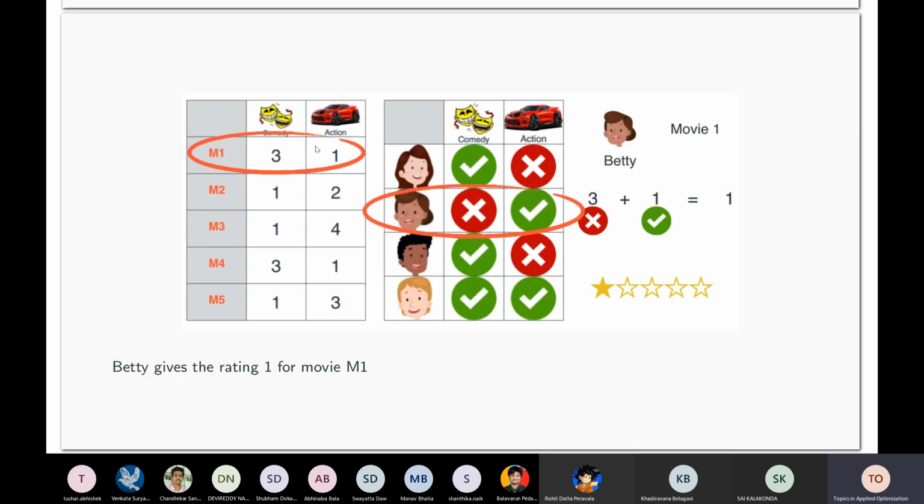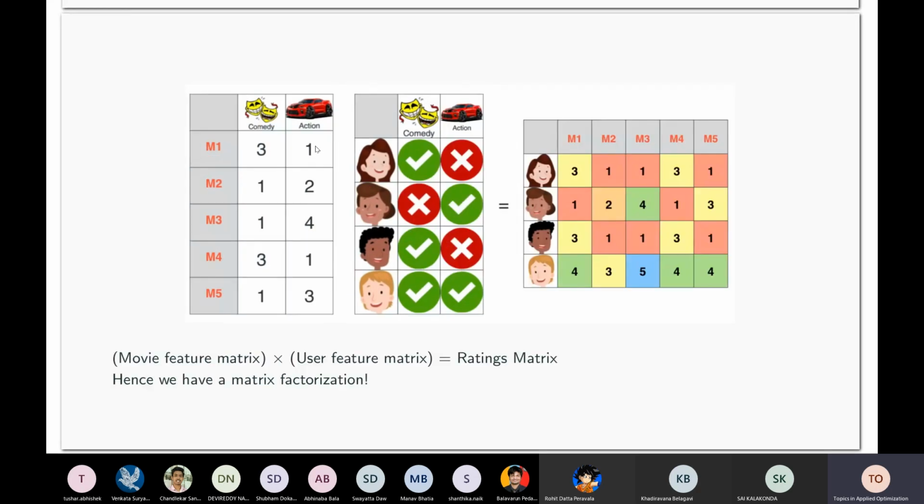So these are the possible ratings, let us say for Betty, the way she is going to respond if we knew about these features, right? And hence we can recover the ratings matrix. If we know the data about movie features and user features, then we can retrieve the ratings matrix.